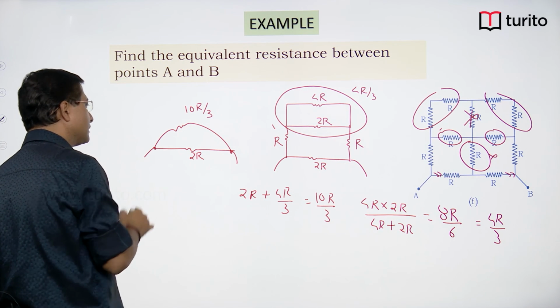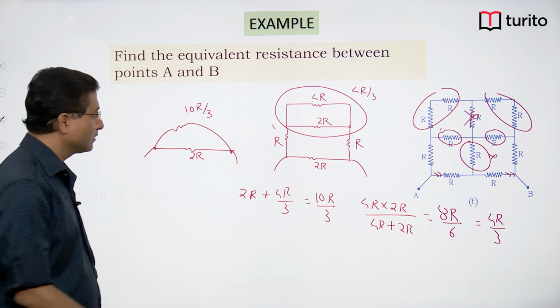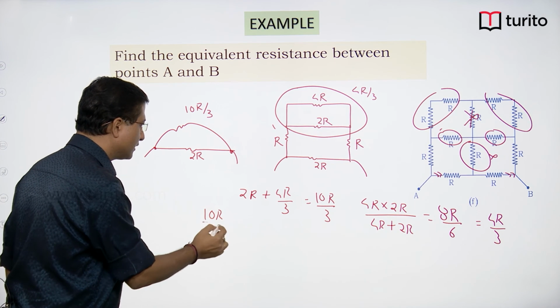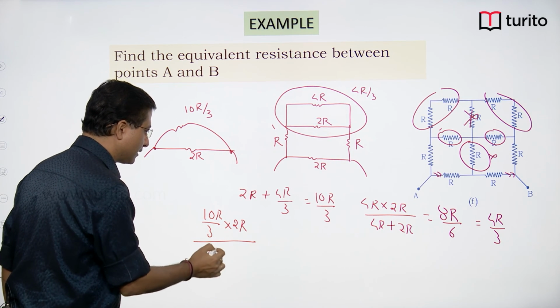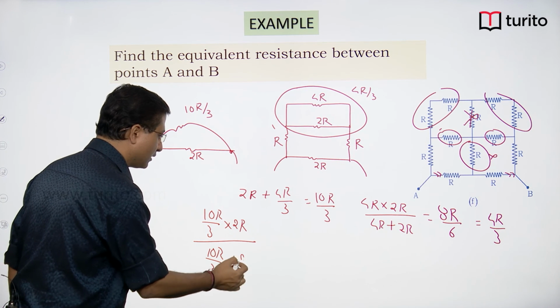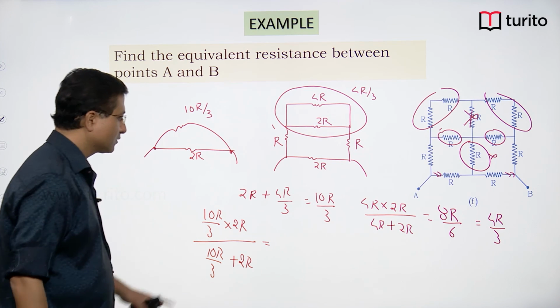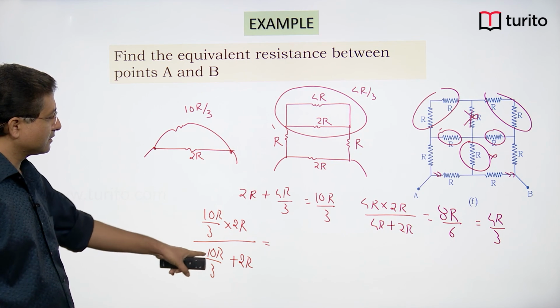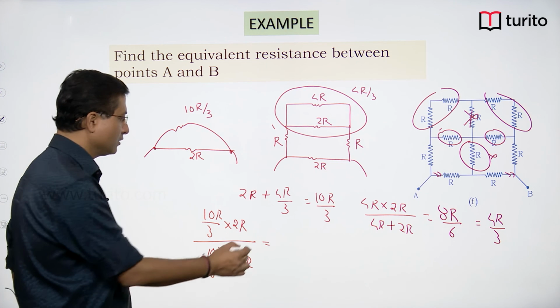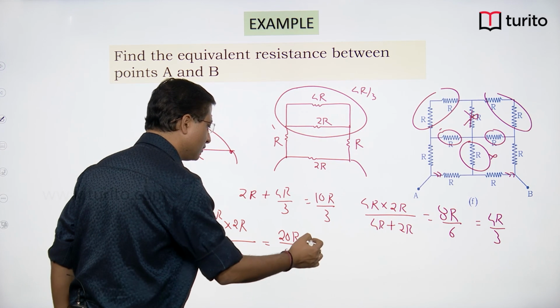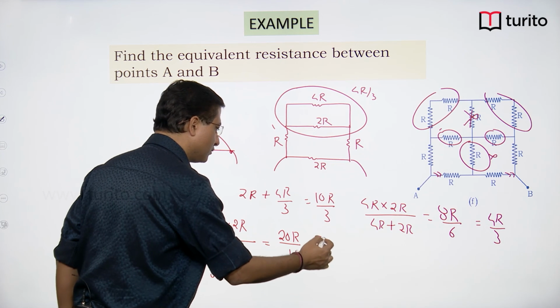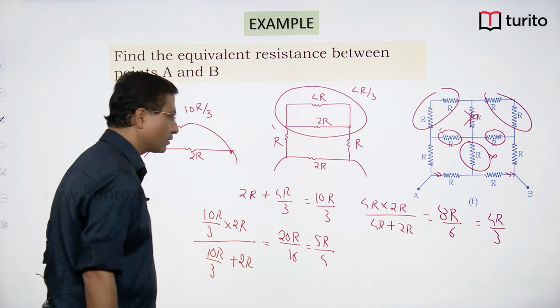Now these two are connected in parallel, right? So 10R by 3 into 2R divided by 10R by 3 plus 2R, 3 will get cancelled out. Here I can see 16 and here I can see 20. So 20R by 16, if you divide by 4, will give you 4R by 5.